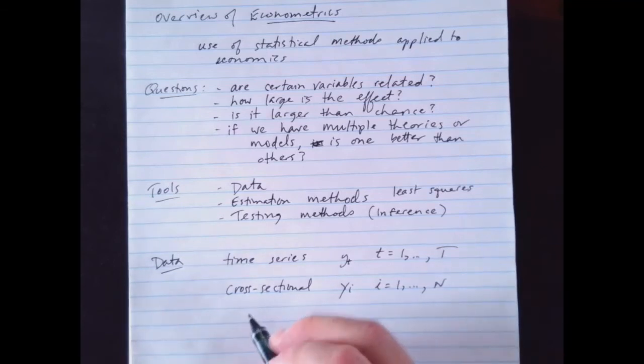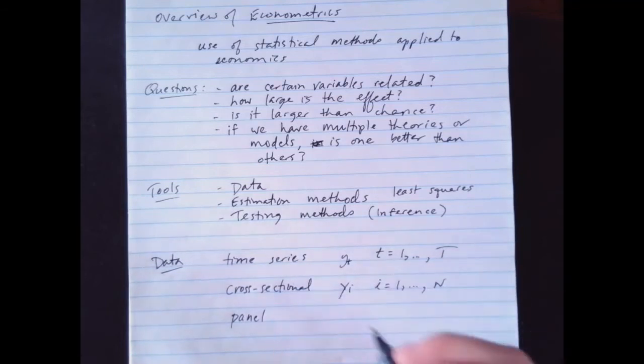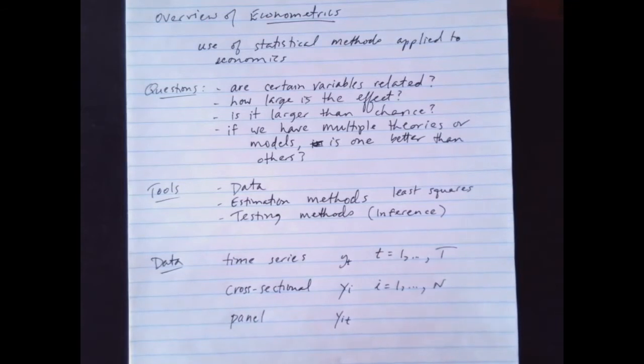And then if we put the two together, we can have what's called a panel data set, where we pool the cross-sectional and time series information, and then we'd have both subscripts. And you could think of that as being, let's say you've got the unemployment rate in all 10 provinces over the period from 1970 to 2020.